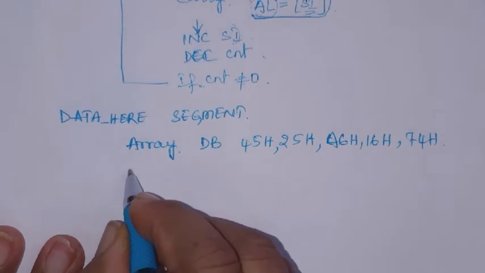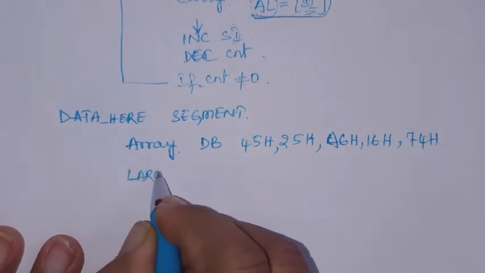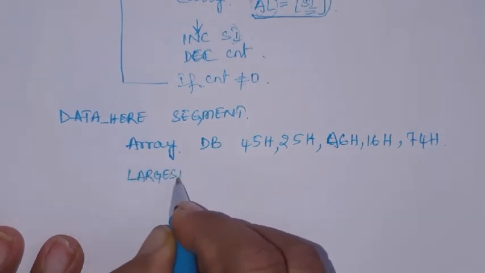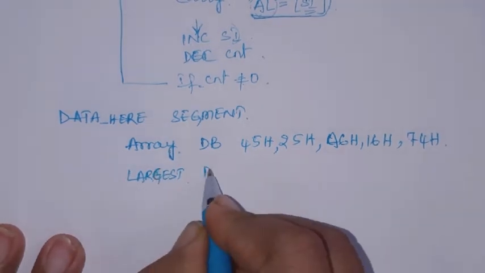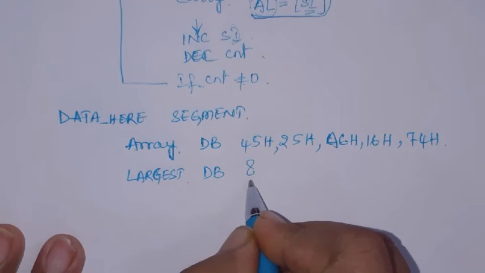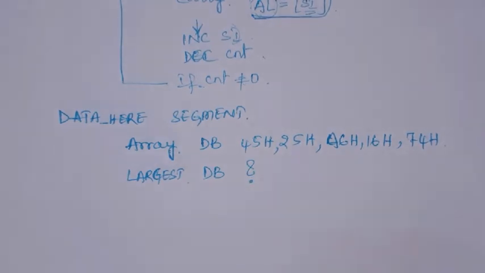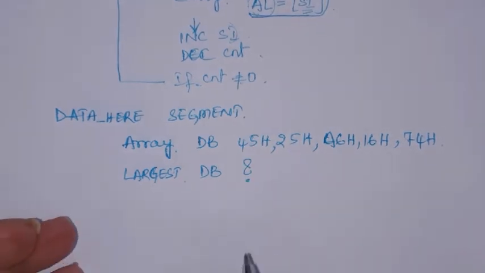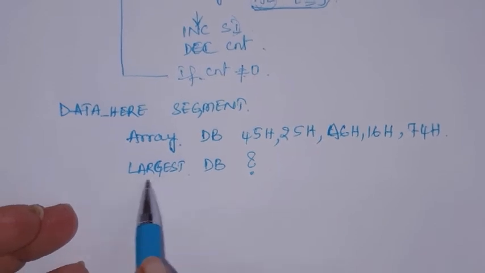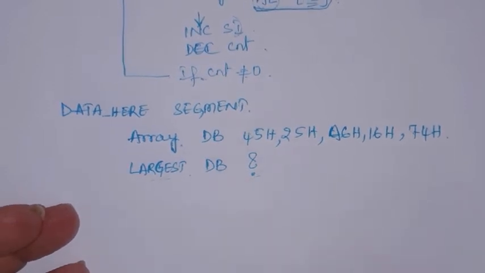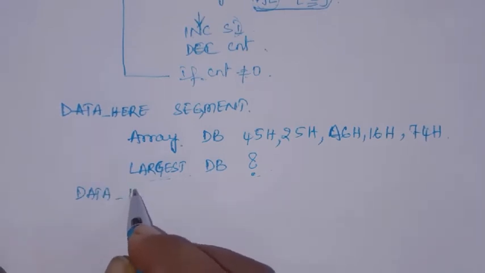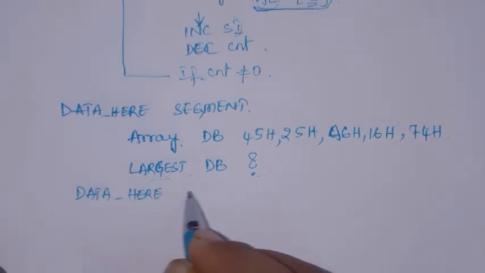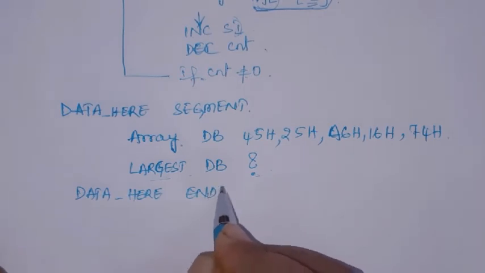Okay, then let us take one more, largest, db. This we don't know what it is, so question mark. After finding the largest number, we can put it in this particular memory location. So this is the logical data segment. Now the data segment ends, with end segment.